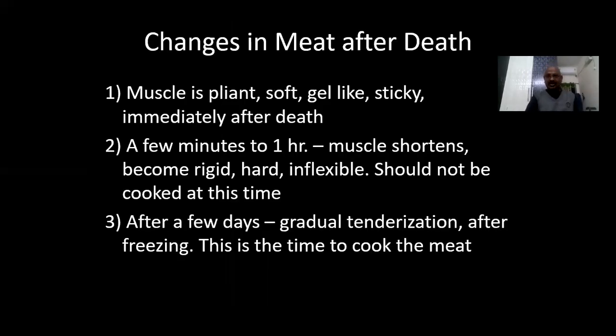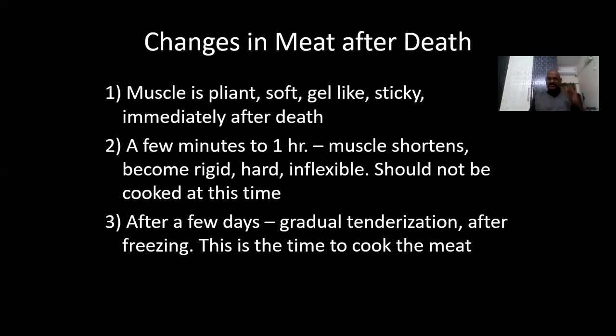Changes in meat after death. Muscle is plain, soft, and gel-like, sticky immediately after death. The activity of cells stops after the death of the animal. After a few minutes to 1 hour, muscles shorten and become rigid, hard, and inflexible, and should not be cooked at that time.